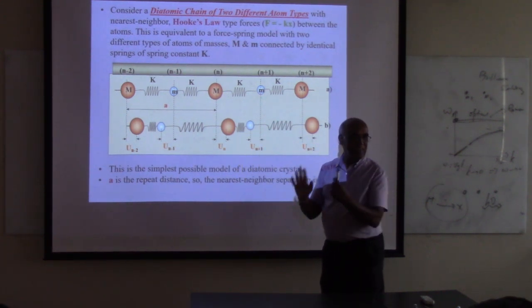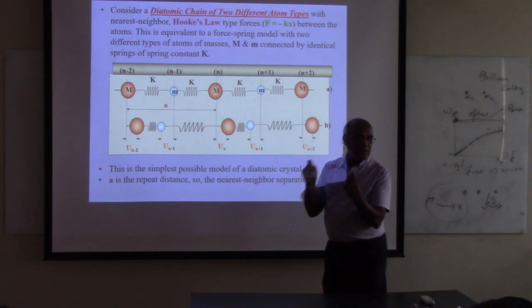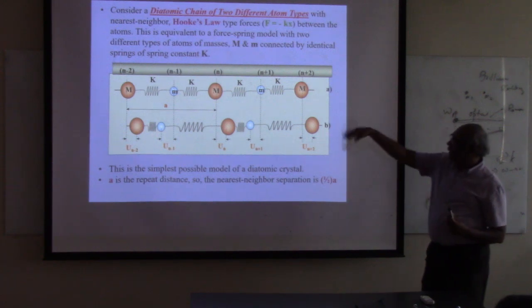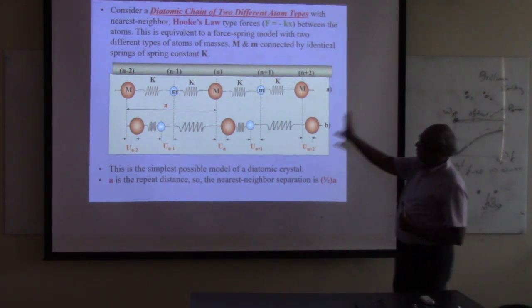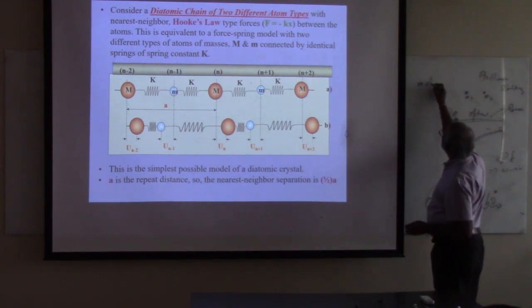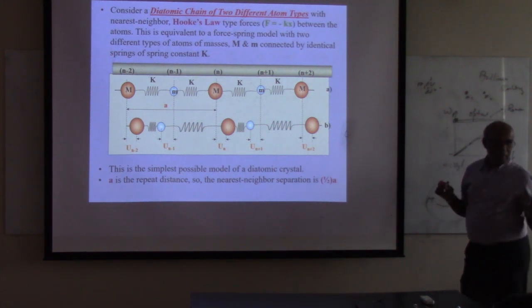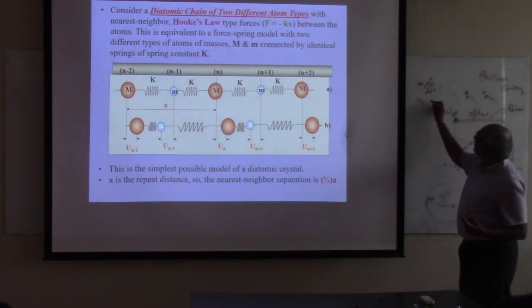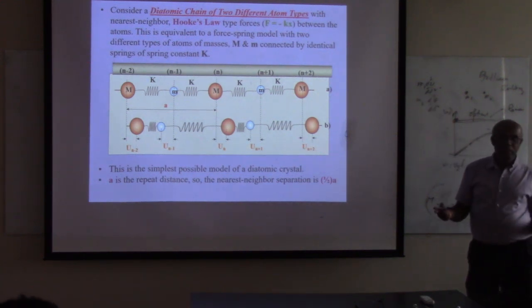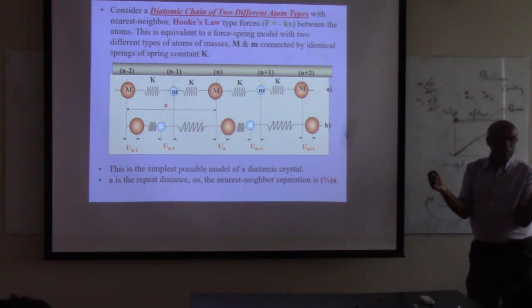That means you will have two equations. You have to write Newton's second law, that's m d squared u over dt squared, for m1, and also d squared v over dt squared for the second particle. Then you have two coupled equations, right? So then you know how to solve that.